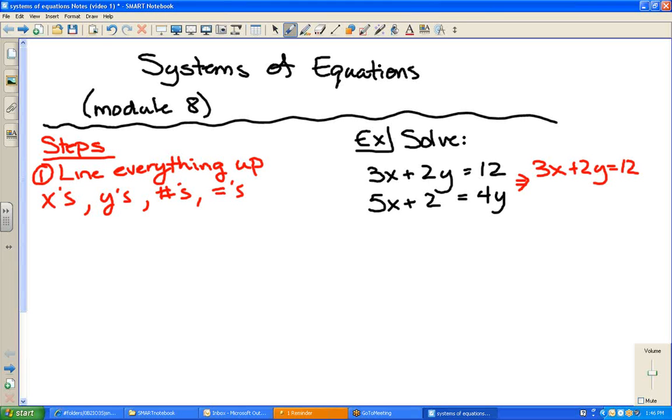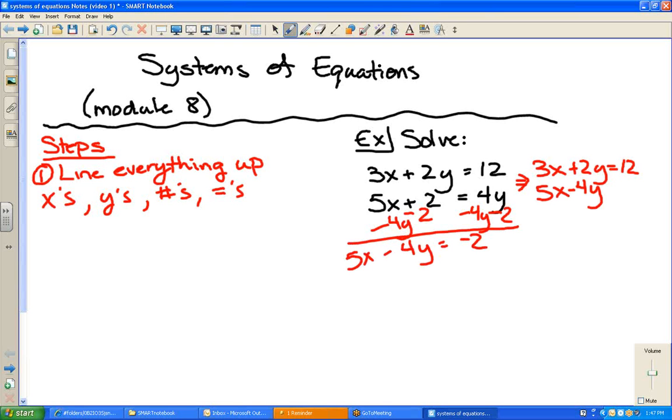So just like you solve equations to move things to the other side, you're going to add the opposite. So I'm going to subtract 2 from here, and I'm going to subtract 4y from the other side. It's going to be a little messy, which will give me 5x minus 4y equals negative 2. So I'm going to write that.